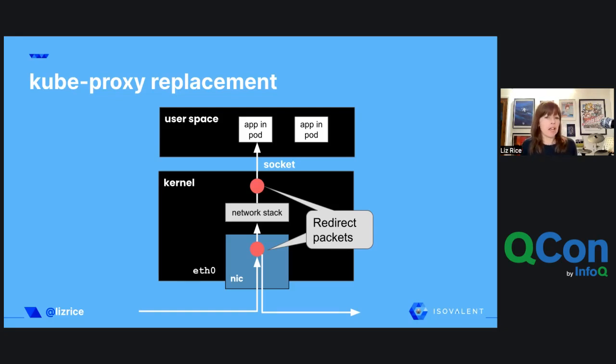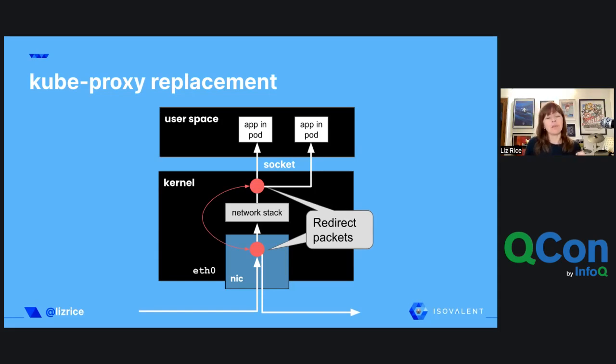So we can attach to a message arriving from a pod and perhaps bypass the network stack because we know we want to send it to a pod on a different machine. Or we can bypass the network stack and loop straight back to an application running on the same physical machine or the same virtual machine.